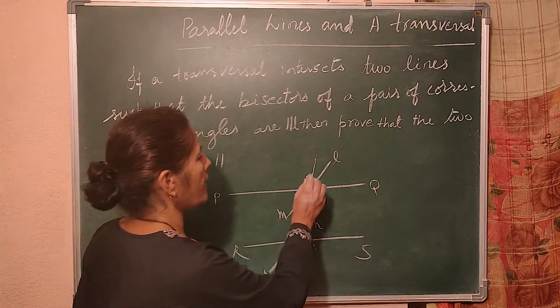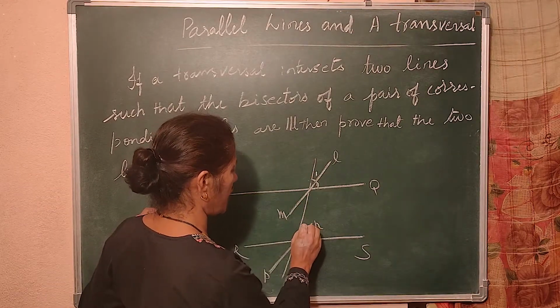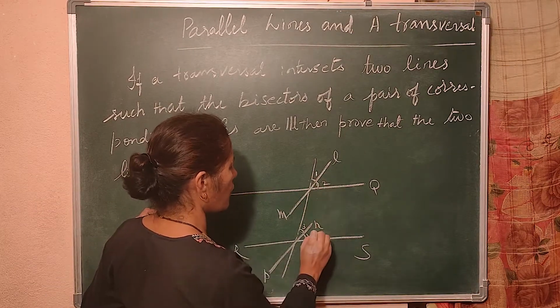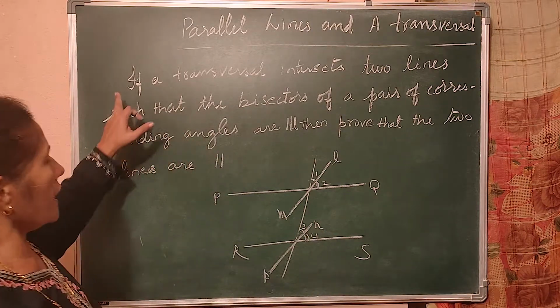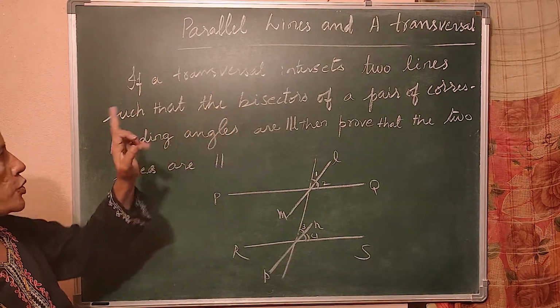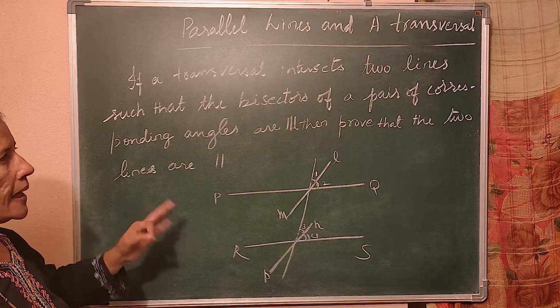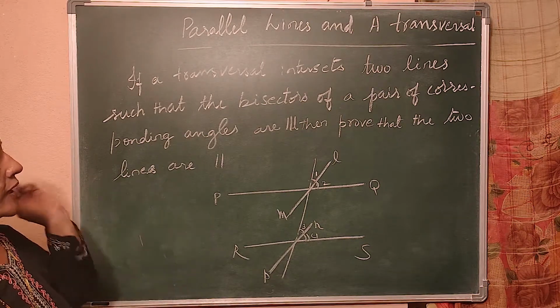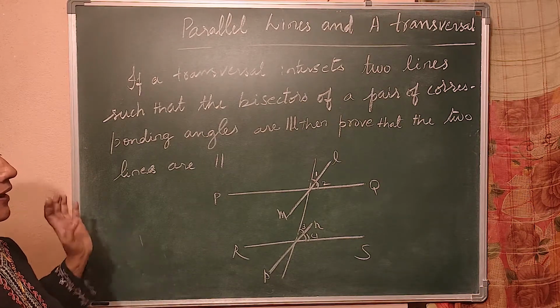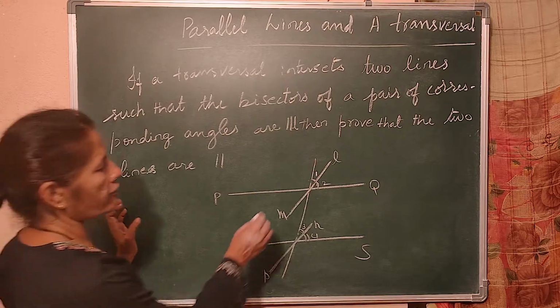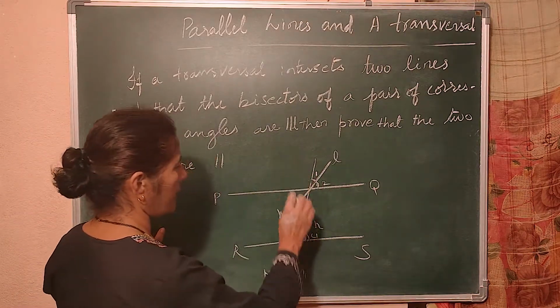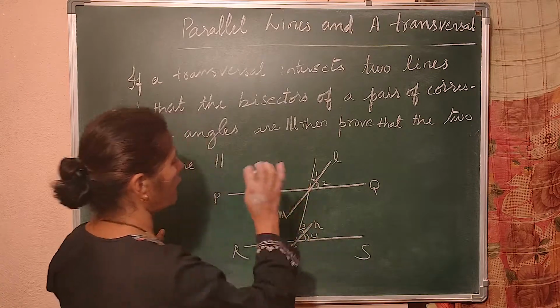These are equal. They are also corresponding angles, right? So I say 1 is equal to 3, 2 is equal to 4. See, angle 1 is equal to angle 3, then angle 2 is equal to angle 4.